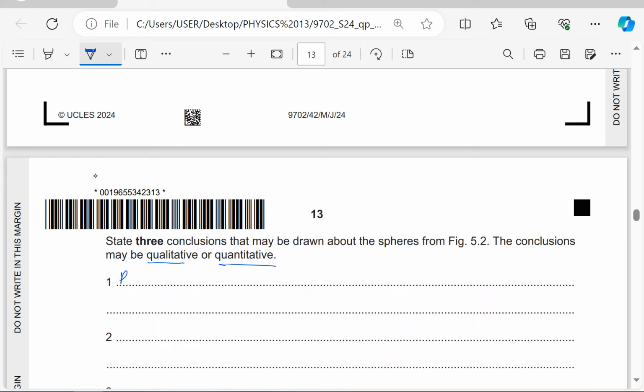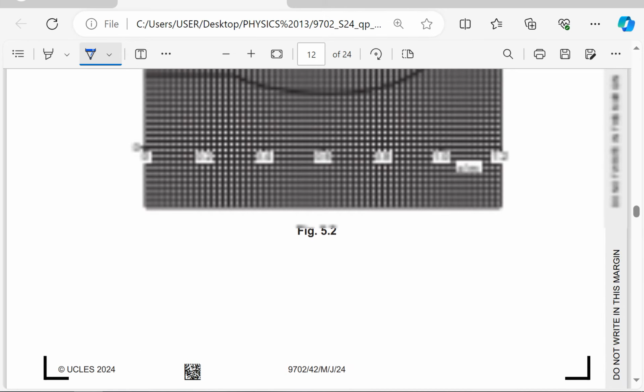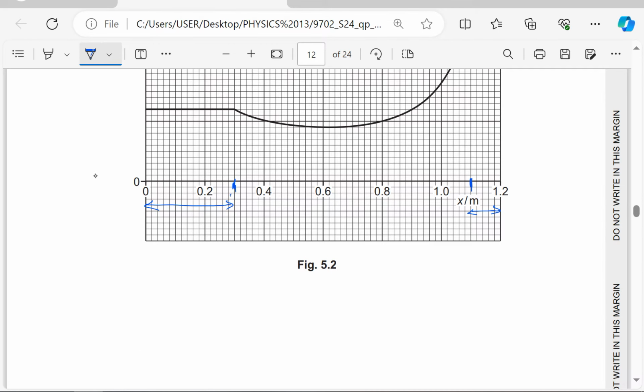So the radius of sphere X is, I think that is 0.3. This is 0.3, and this is 1.2 minus 1.5, which gives us 1.2 minus 1. No, this is 1.1. So this is 0.1.